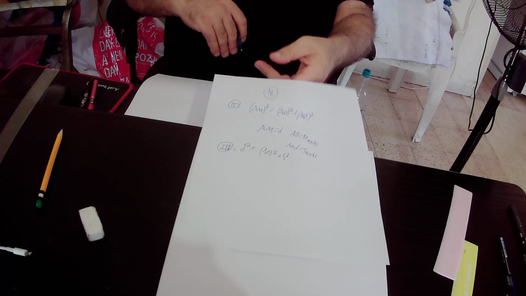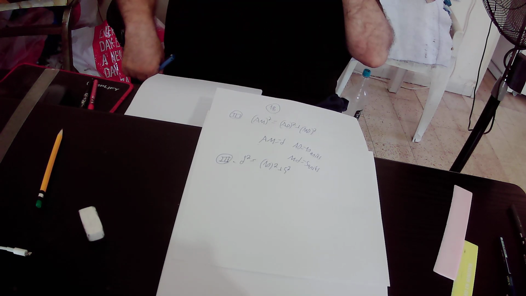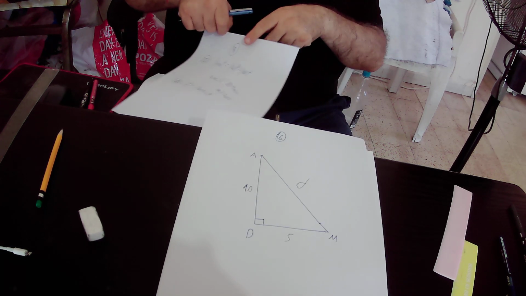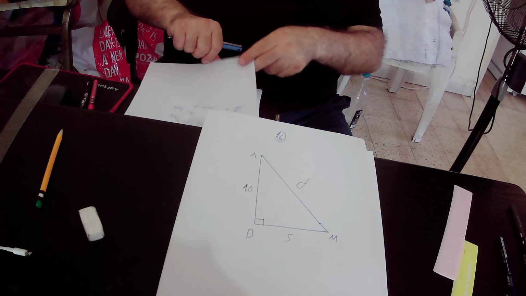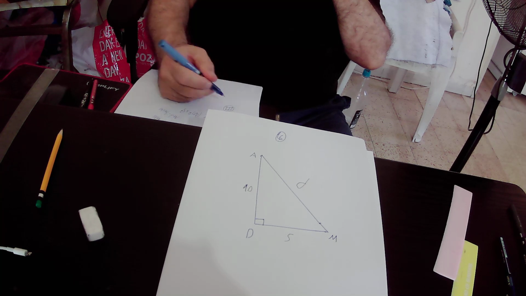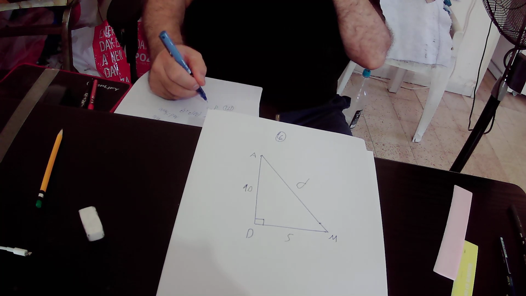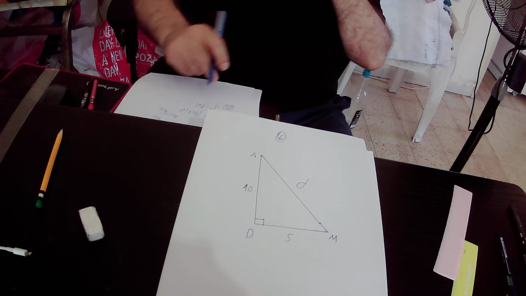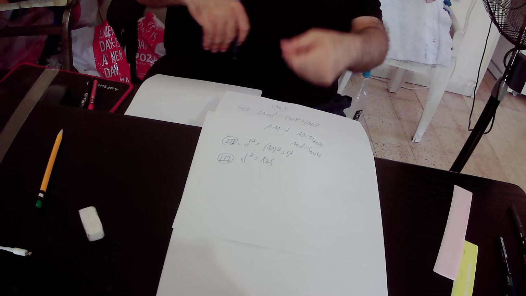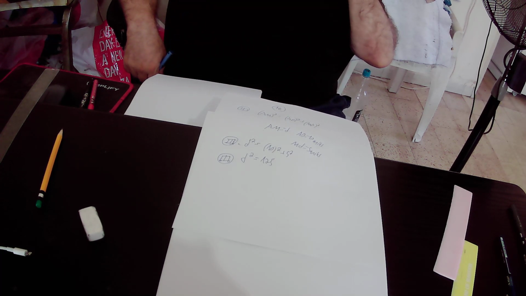So we got that d square equals 10 square plus 5 square. 10 square is 100, 5 square is 25, 100 plus 25 equals 125. Okay, d square equals 125.